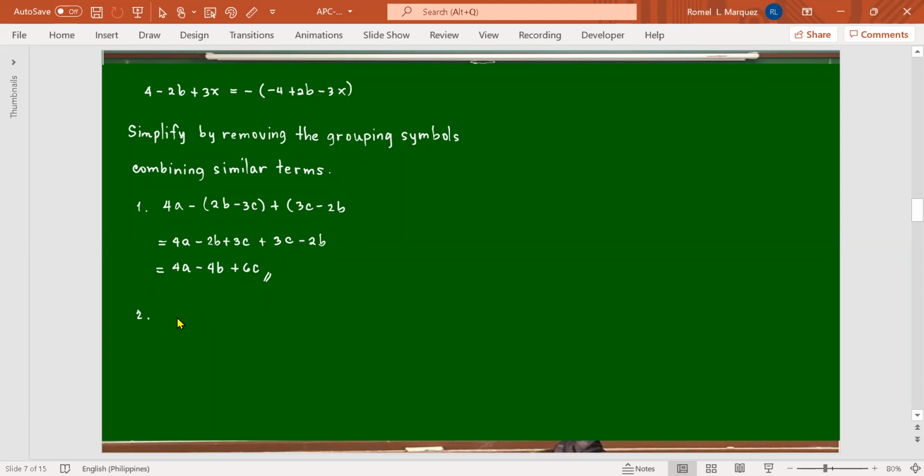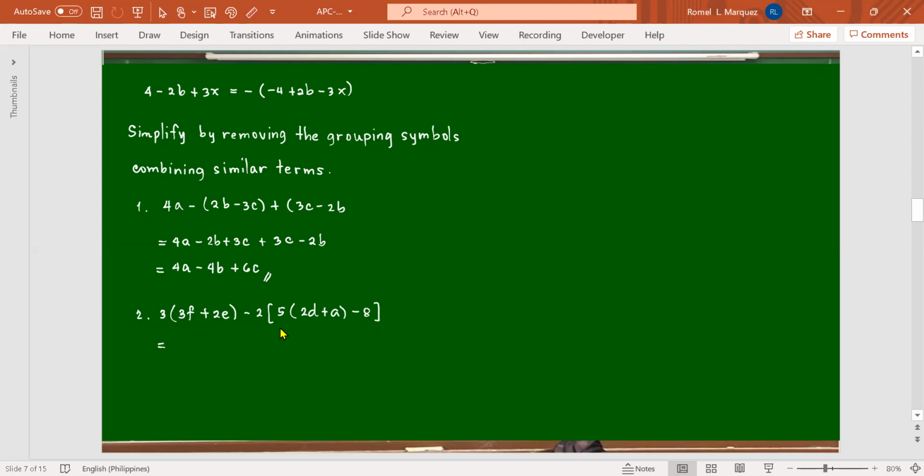Number 2. If I have 3 times 3f plus 2e minus 2 times 5 times 2d plus a minus 8, close bracket.